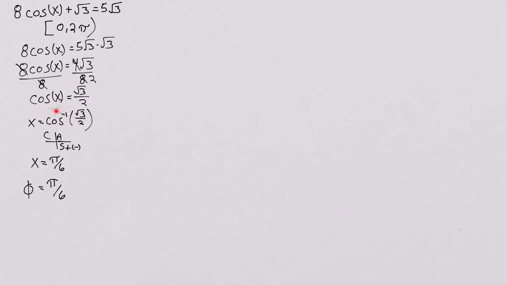Cosine right here is positive, so I need to know in which two quadrants cosine is positive. If you remember, all students take calculus, cosine is positive in quadrants 1 and 4. So I need to look at quadrant 1 and quadrant 4 to know which equations I need.